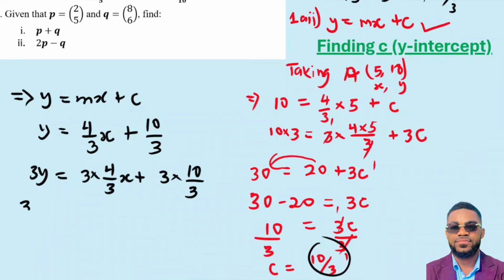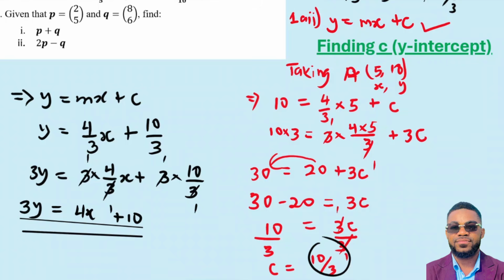So you have 3y equal to, this cancels this, also cancels this, so we have 4x + 10. So this is the general equation of the line. But if you don't mind, you can just maintain your answer as y = 4/3 x + 10/3. That's the equation of the line which passes through the points A and B.